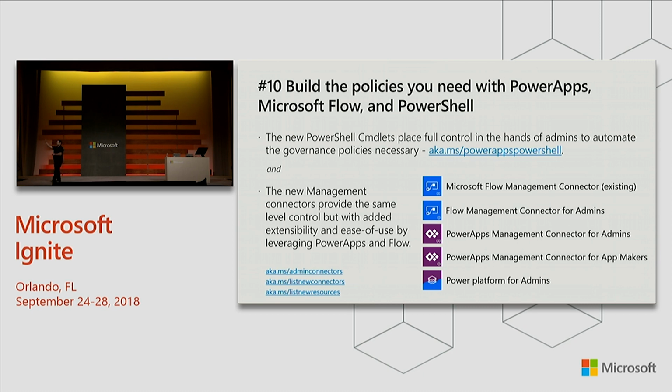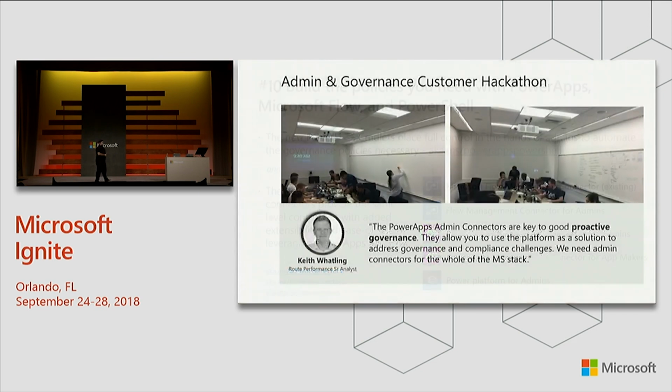And so what we've done is, this actually already existed for Microsoft Flow, where they had a management connector, I think for at least 6 or 12 months now, that provides visibility over flows and permissions within the organization. And now we've rolled this out for all of the Power Platform, for PowerApps and Flow.